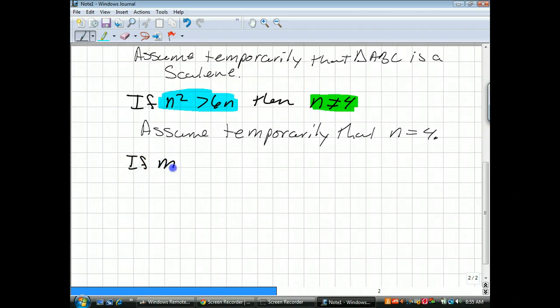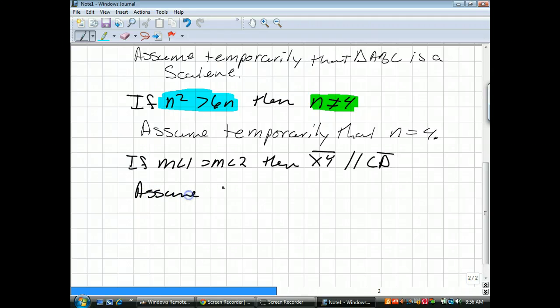All right, let's do one more. If measure of angle 1 equals measure of angle 2, then segment XY is parallel to segment CD. Okay? Well, the first line in my indirect proof would be assume temporarily that segment XY is not parallel to segment CD.